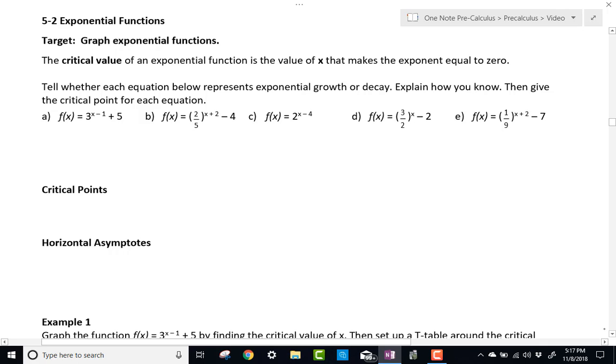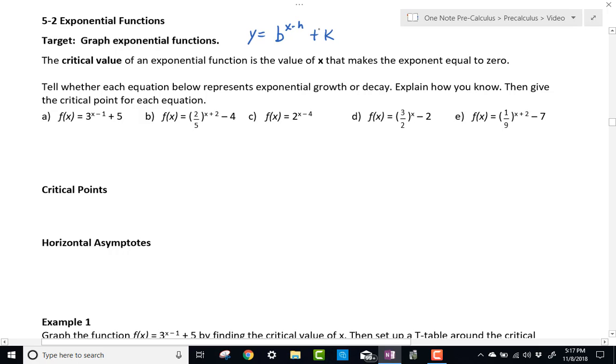So when we look at a function, we're going to be looking at all of these functions, and I'm just going to put one up here at the top: y equals b to the power of x minus h, plus k, where b is the base value.